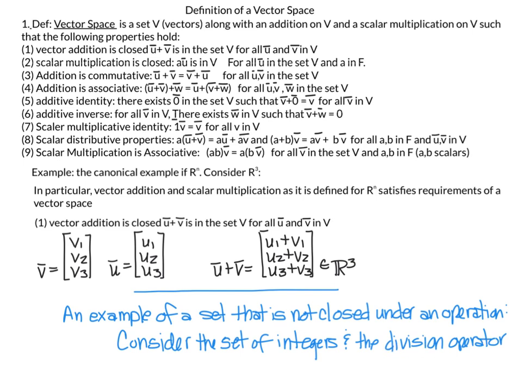I can have 2 integers, 1 and 2, but when I divide 1 by 2 using the division operator, you can see that I've escaped outside of my set of integers. So we would say the set of integers is not closed under division. Whereas here, we want our set of vectors to be closed under our vector addition. And in this case, R3 is closed under our vector addition.